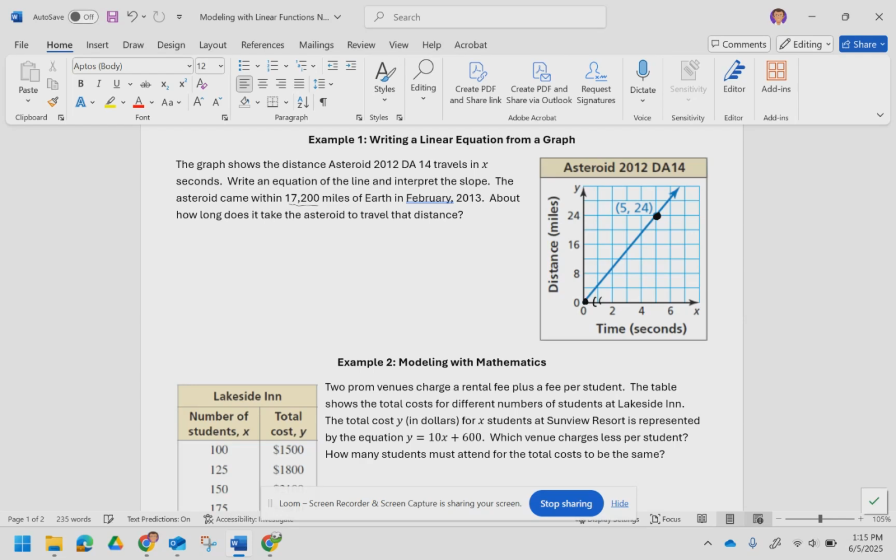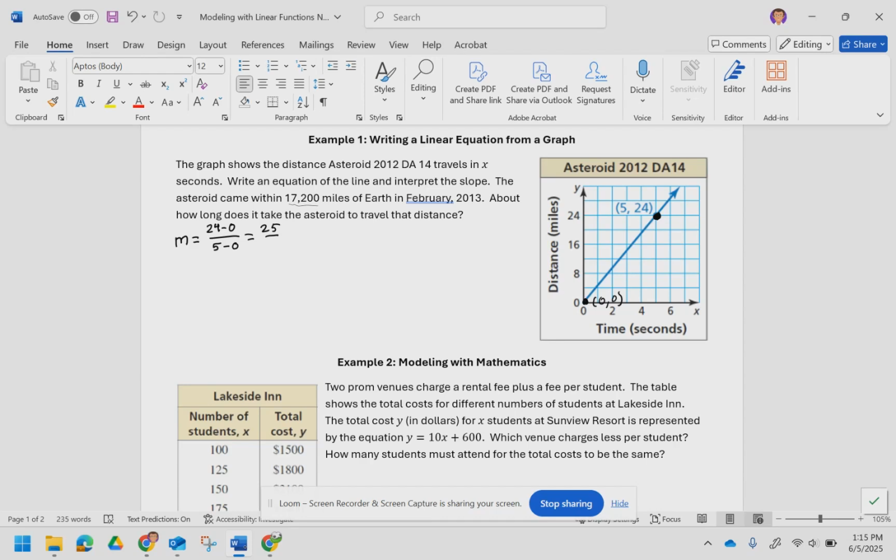This is another point that we can use. So I'm going to start out by identifying the slope. So my slope is going to be the change in y over the change in x.